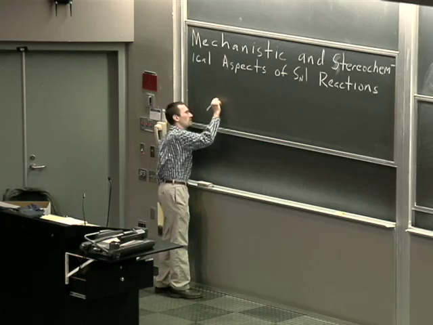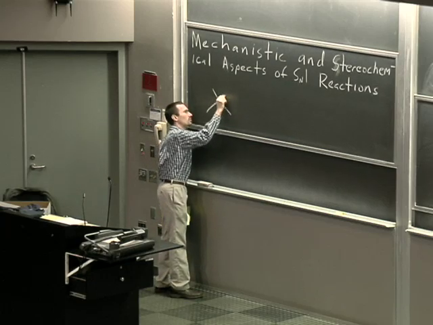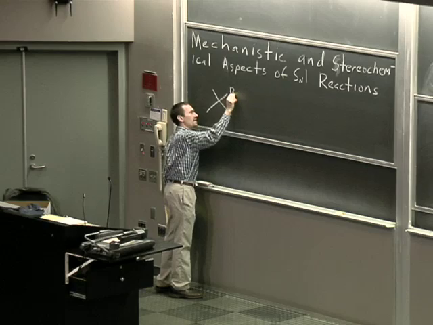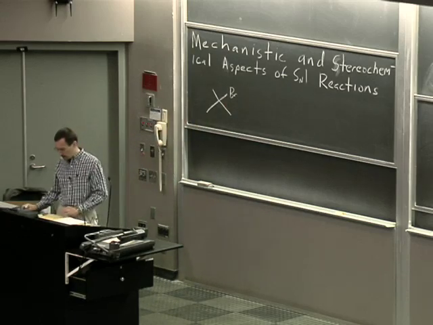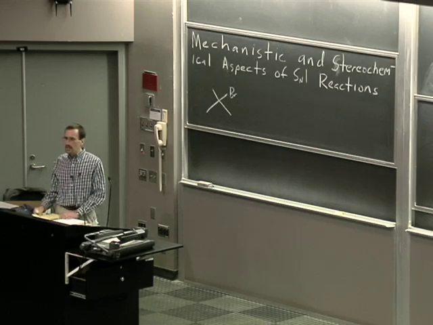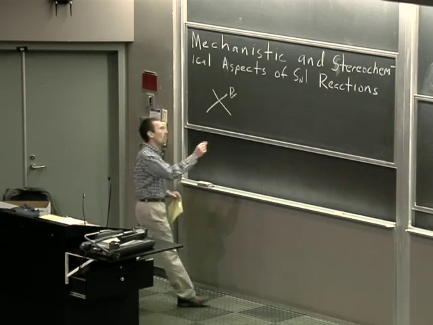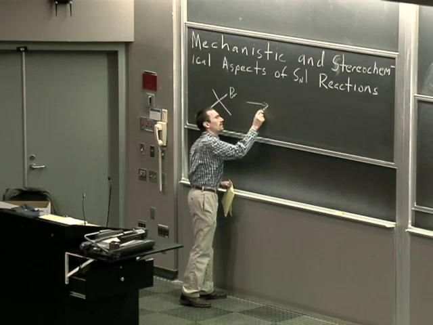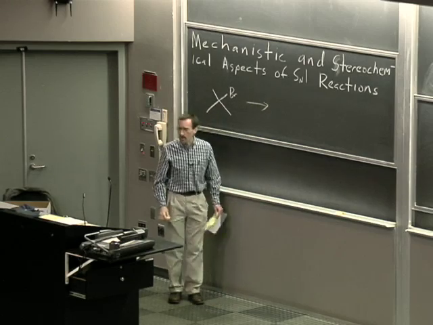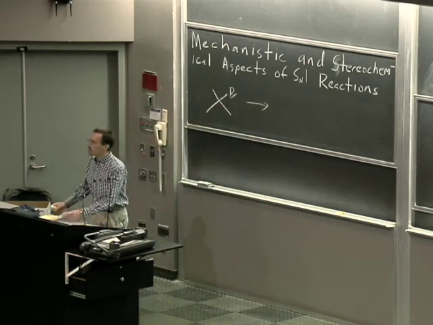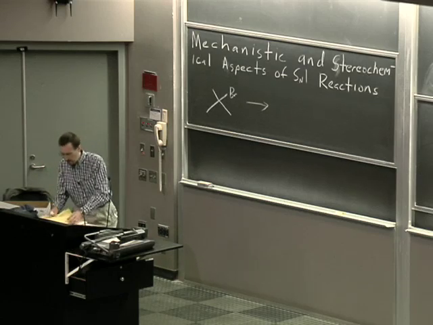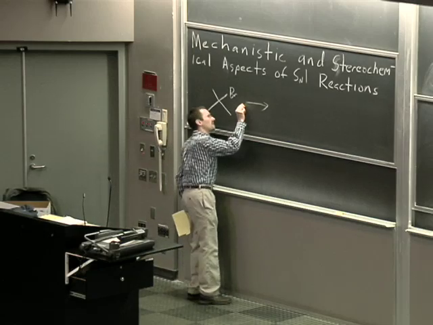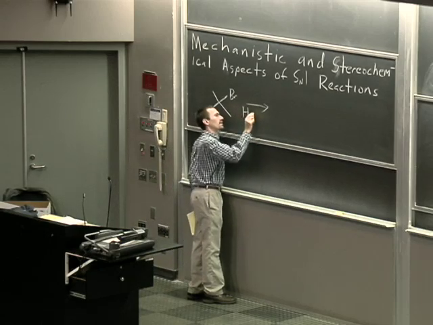So let's take tert-butyl bromide, 2-bromo-2-methylpropane, and carry out the solvolysis reaction on it. By that I mean let's dissolve it in a polar solvent containing some water. Solvolysis is cleavage by solvent: solvo, solvent; lysis, cleavage. And so we'll use water as a solvent here.